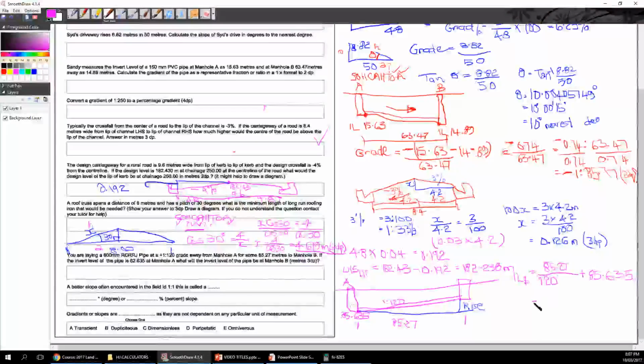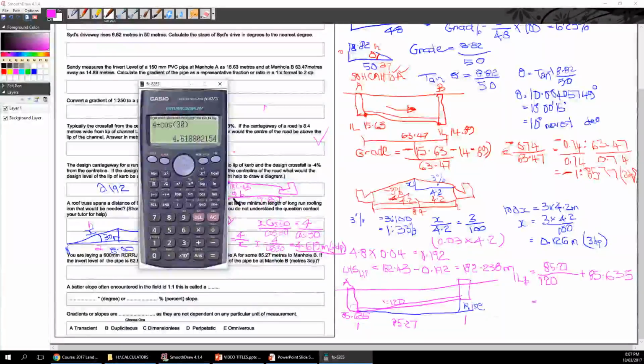So it's going to be equal to, and get the little calculator out, 85.27 divided by 120 equals, so that'll be a fraction of a meter, 0.710. That makes sense because it won't be as much as a meter.